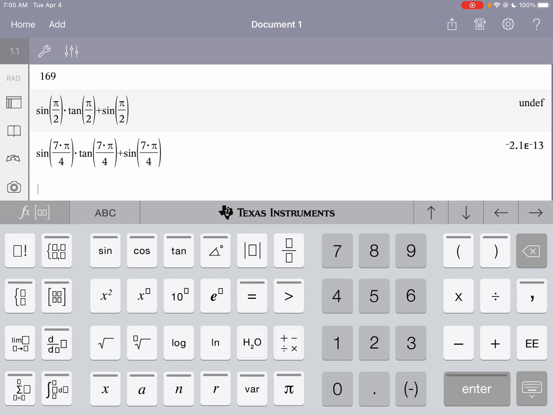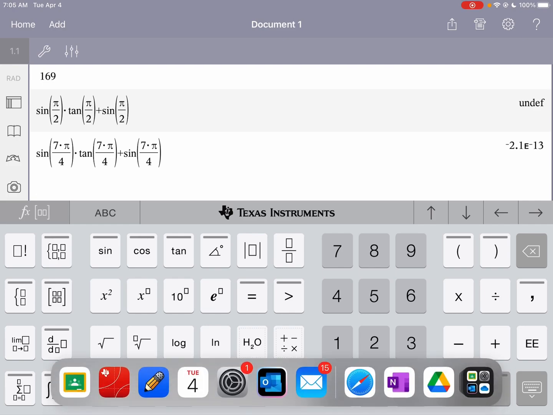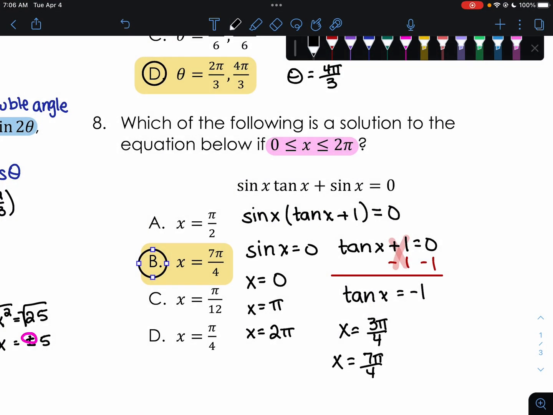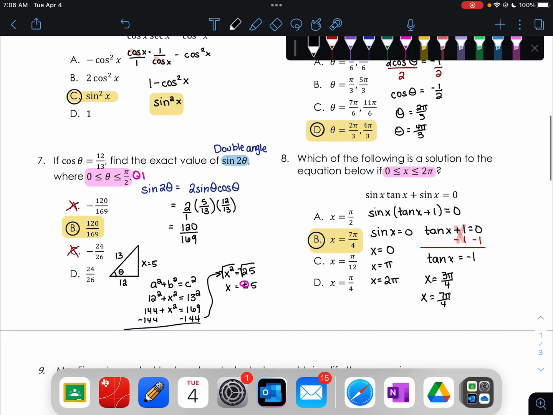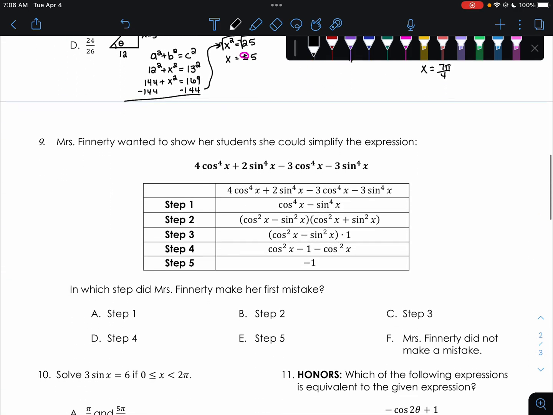Again, that -13 after the E is telling me I'm moving that decimal place 13 spaces to the left, which is close to 0. If we plugged in any of the other answers, we would not get 0. So that is our answer right there. So you need to make sure that you understand that part, because I will not help you with that when it comes to the test.